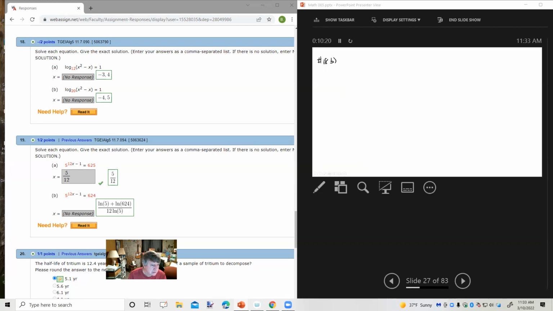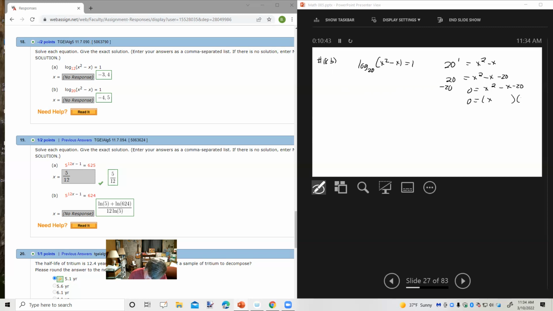So let's take a look at 18B, which is going to be similar. Log base 20 of the quantity x squared minus x equals 1. From that, we get 20 to the 1 power equals x squared minus x, or 20 equals x squared minus x. Subtract 20 from both sides.